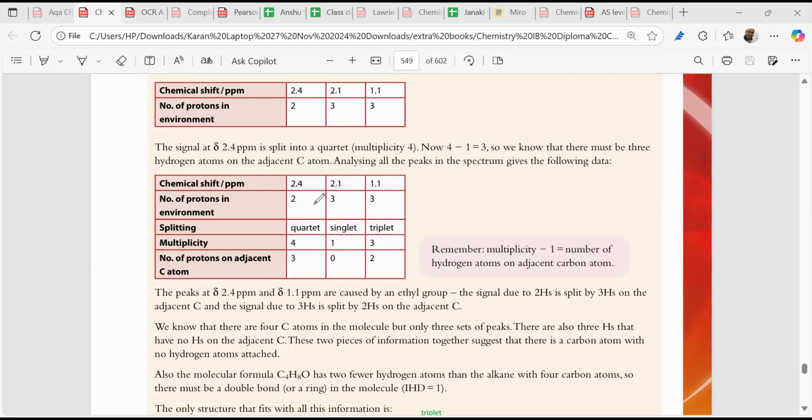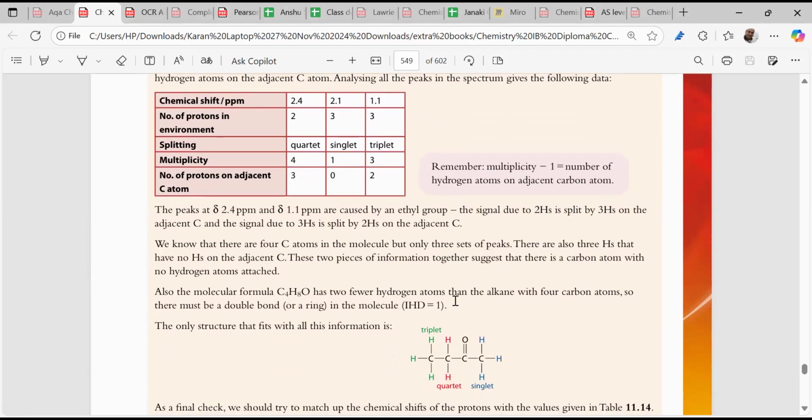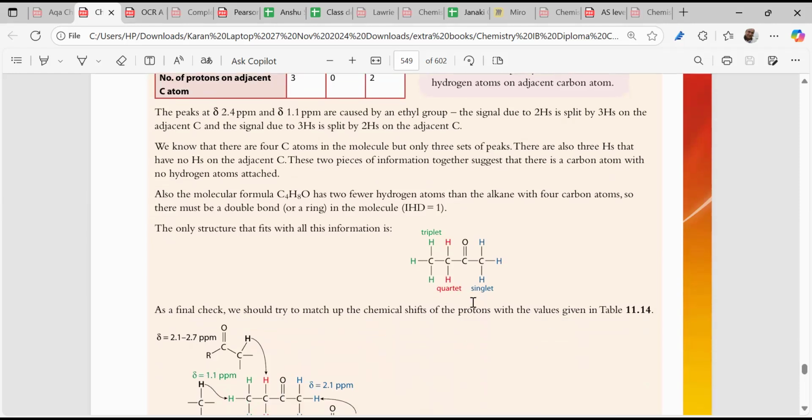Now we know that the peaks at 2.4 and 1.1 are caused by an ethyl group, the signal due to two hydrogens splitting this, right? Now see, ISD is not there.